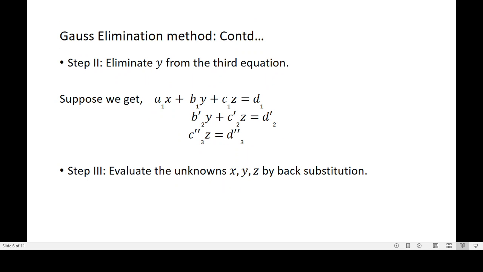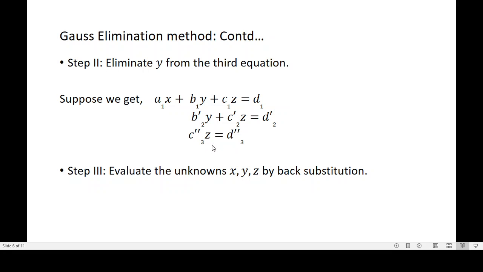Therefore, we have a1x + b1y + c1z = d1, b2'y + c2'z = d2', c3'z = d3''. Now look at this. The last equation contains only z. So we can find z, isn't it? We can evaluate z.